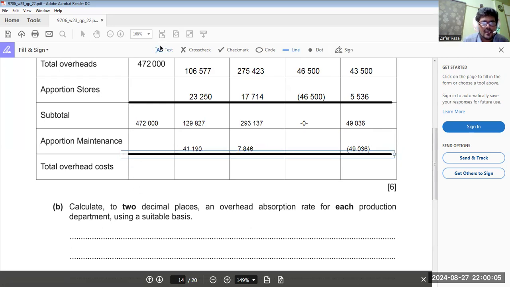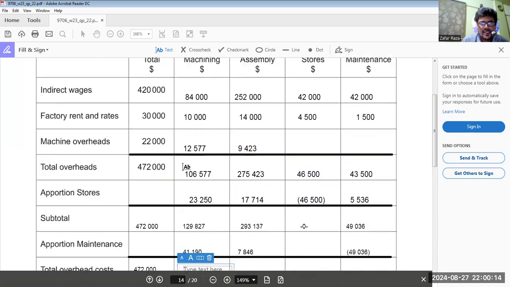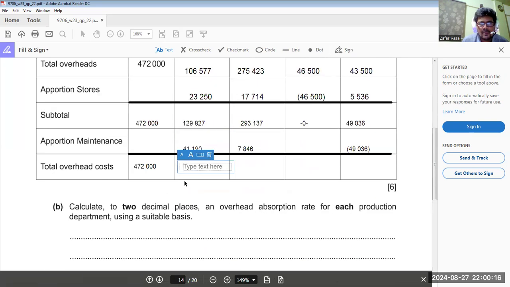Okay, now total overhead cost 472,000. Total for machining department after apportionment and reapportionment: 129,827 plus 41,190 means 171,017.